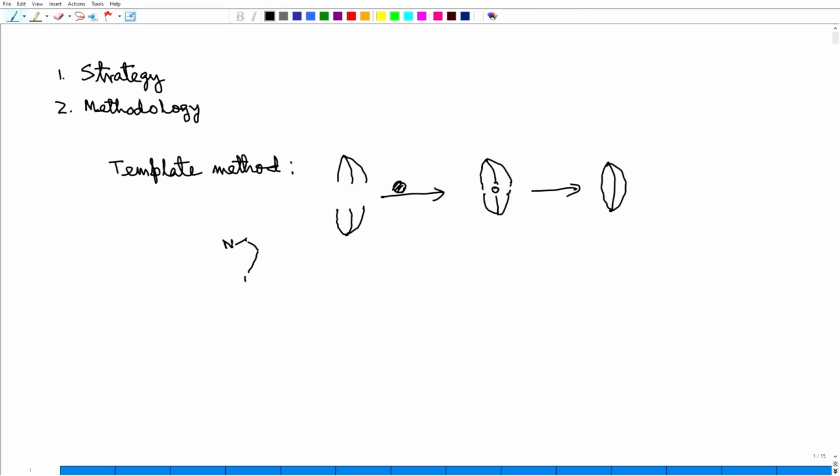This compound is available in the market, Aldrich sells it and so many other companies sell it, with NH2 groups. This is called tris(2-aminoethyl)amine. In short, it is called TREN.